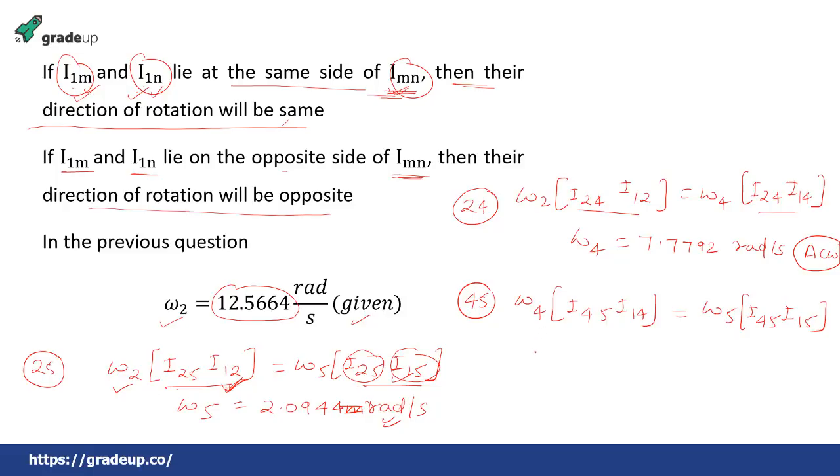Omega 4 has been found out, and these two lengths can be found using the scale. So omega 5 we get as 0.0206 radians per second, again in the anti-clockwise direction. So this is how we apply Kennedy's theorem to find the omega of the given links.